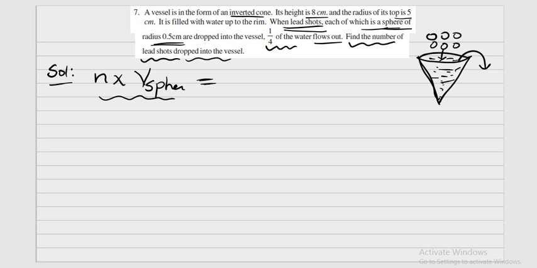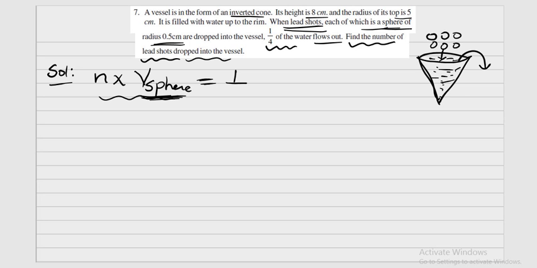So how much water has come out of it? 1/4 of water, no? So this 1/4 of water which is spilled out is nothing but equal to the volume of the spheres only, no? Because of these spheres we have water that has come out.